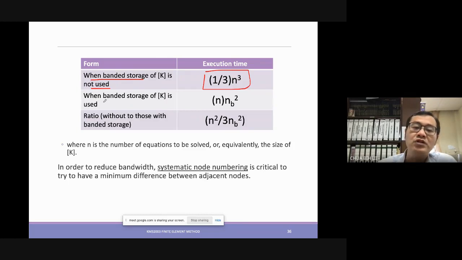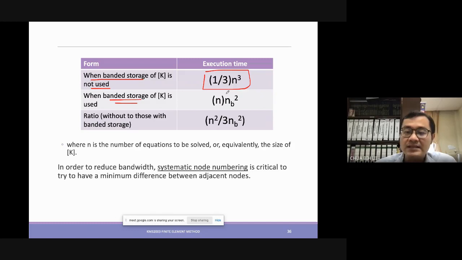But when we use the banded storage, then this becomes n multiplied by nb square, instead of n cubed, right? So this n would be the so-called numbering, right? But then we don't know this numbering yet, right? So we just assume it is n so that we can do a comparison later on, okay?